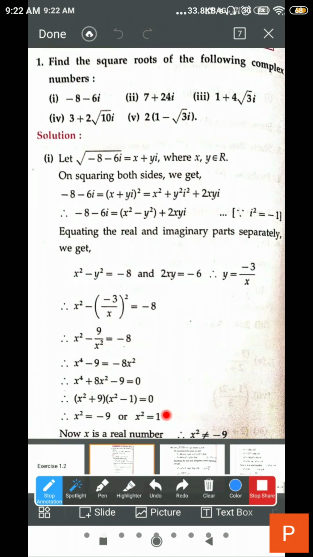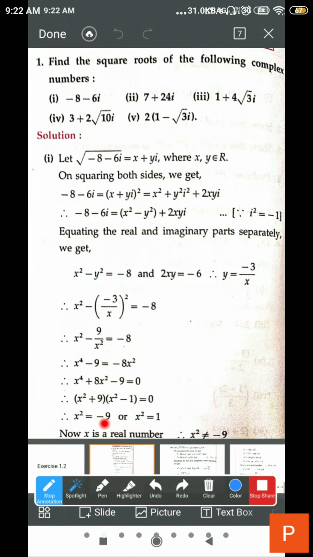Now we have considered x and y are real numbers. Then if those are real numbers, the value of x square can't be negative. As it's a real number, its square is never negative, because as you know, real numbers are all positive and negative numbers, including zero also.